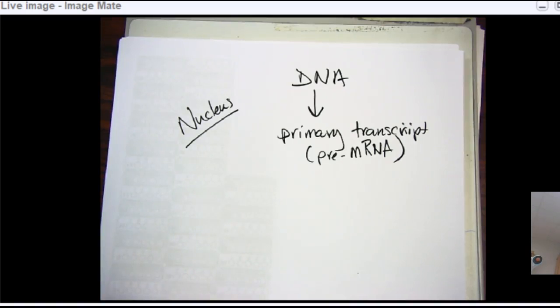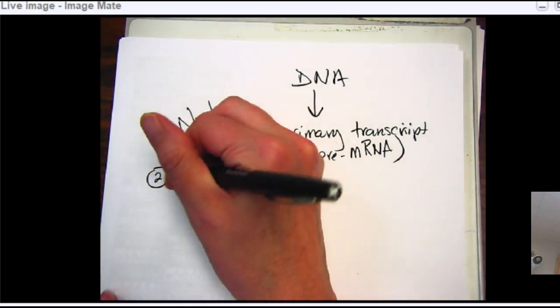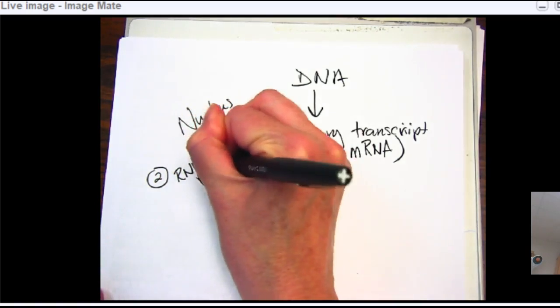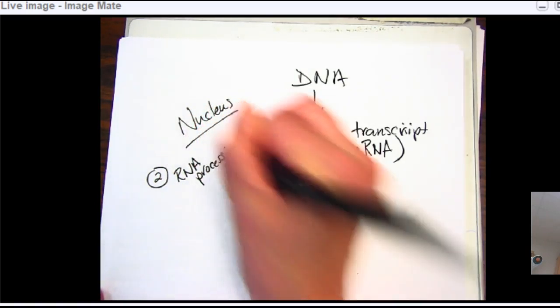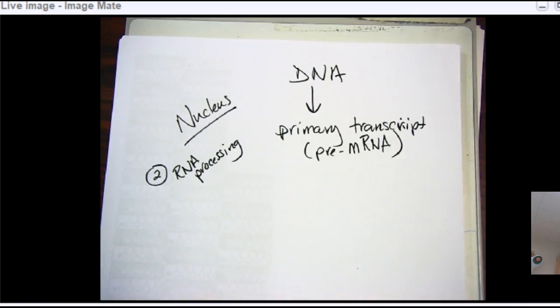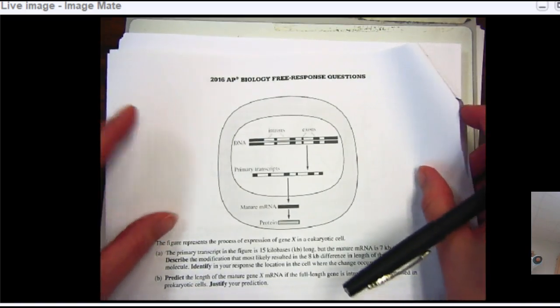So the second way that we can regulate genes in eukaryotes is through RNA processing. And this happens in the nucleus. It's a lot easier for me to use a model that's already there.